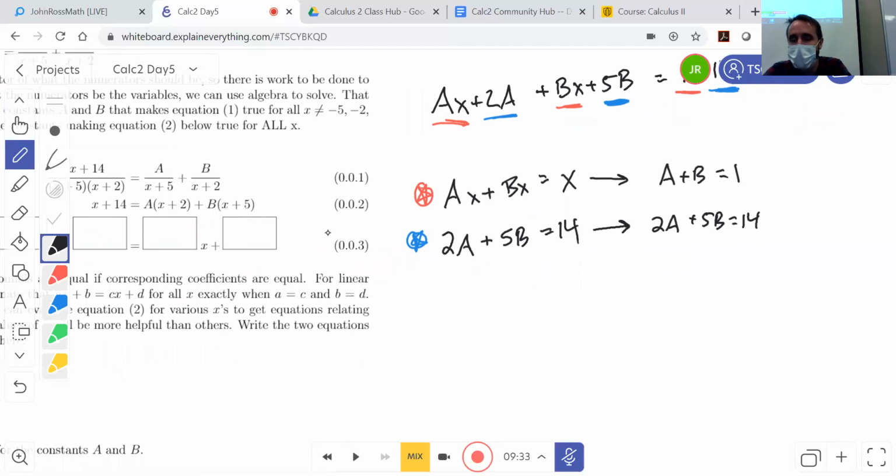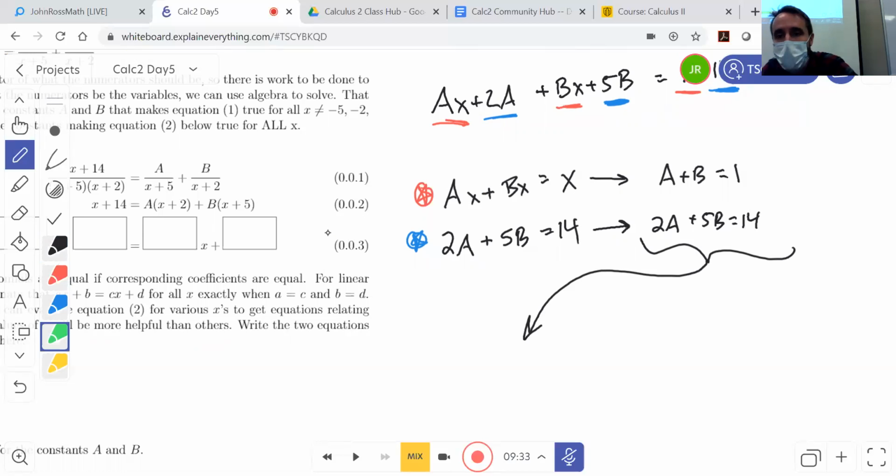My suggestion for solving such a system of equations, there's a lot of different strategies possible, is to write them like this and then multiply one of the lines to make some of the terms line up.